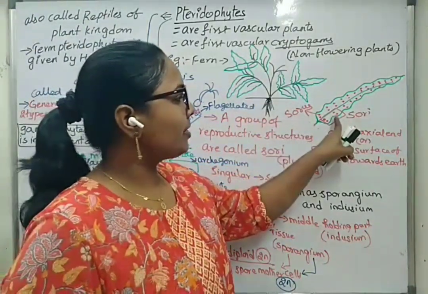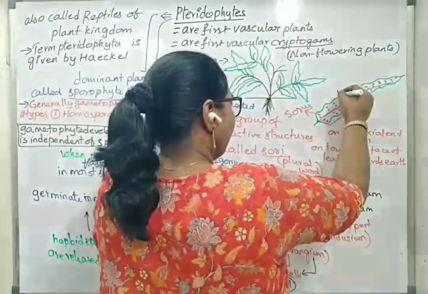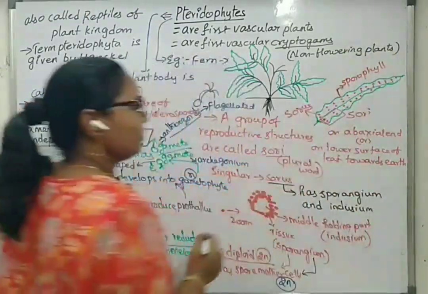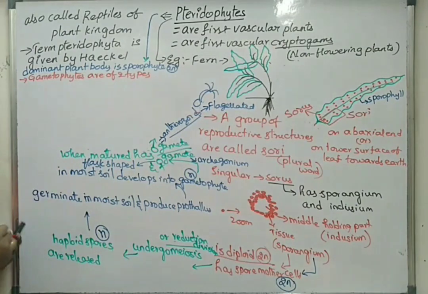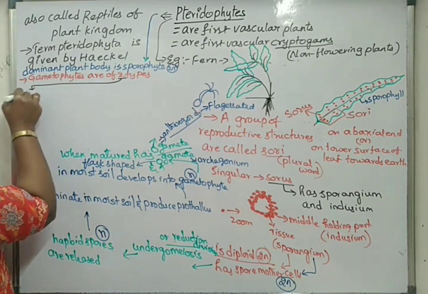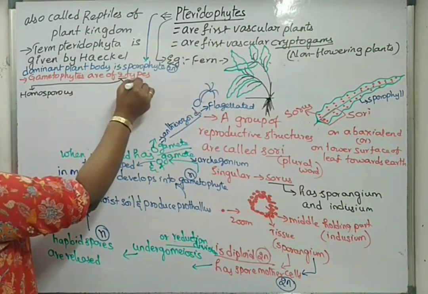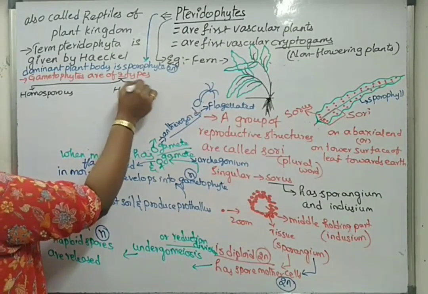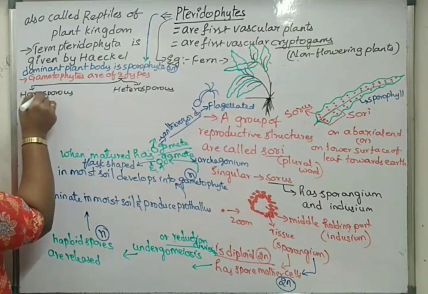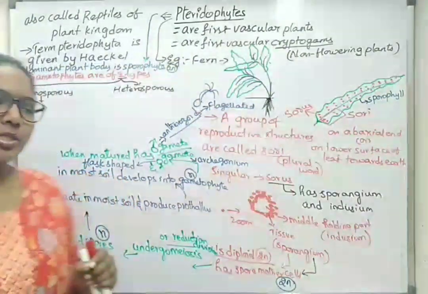Here we see the reproductive structures are held by a leaf-like structure. We give the term sporophyll for this leaf. What are those two types? One is homosporous, another is heterosporous. In homosporous, male and female gametes are produced from the same type of spores.